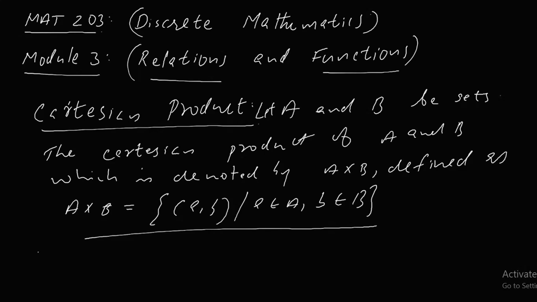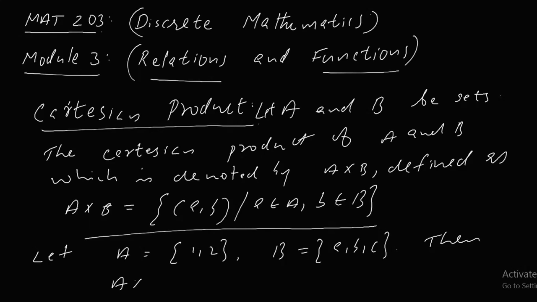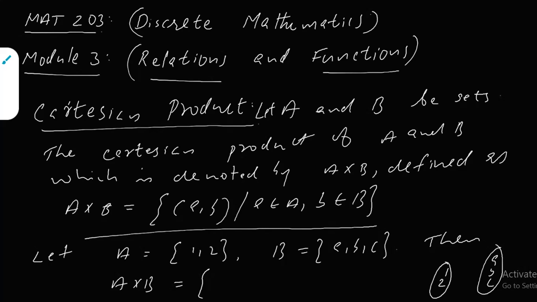Let's see an example. Let A be the set {1, 2} and B be the set {a, b, c}. These are the possibilities.